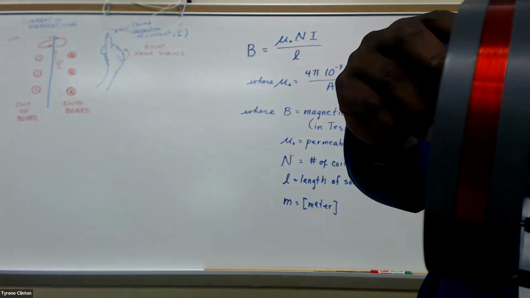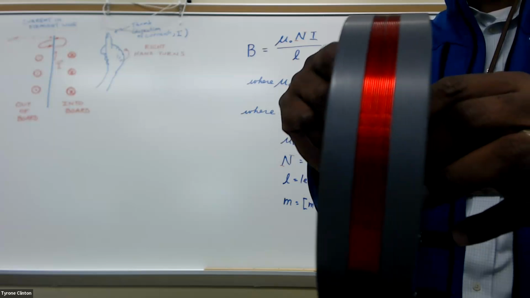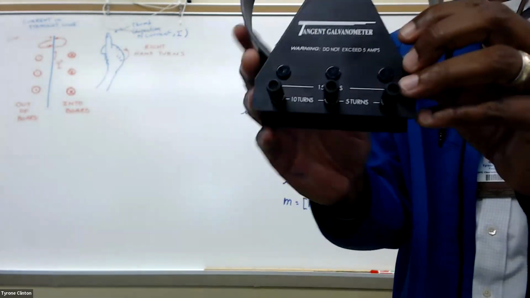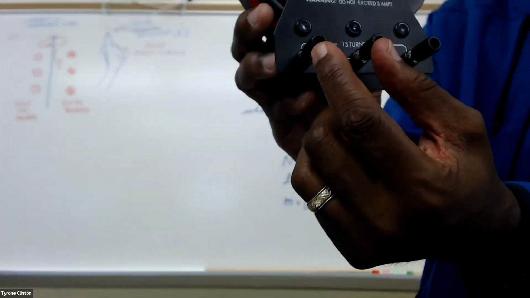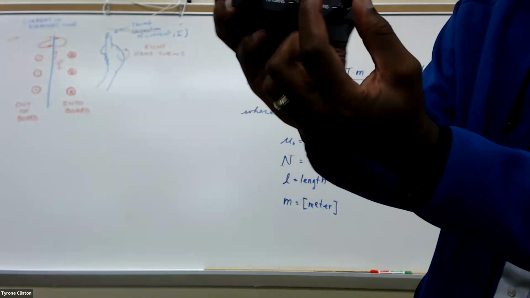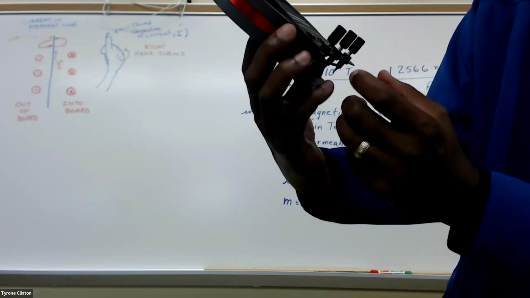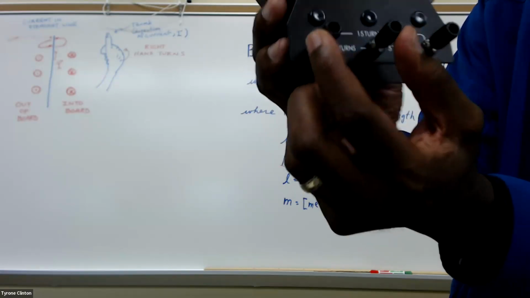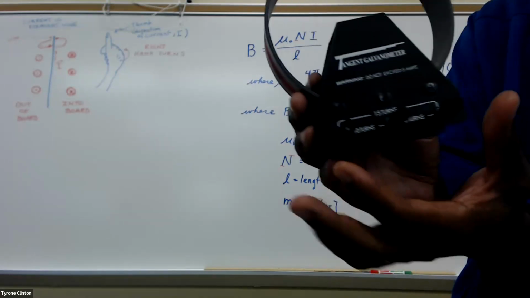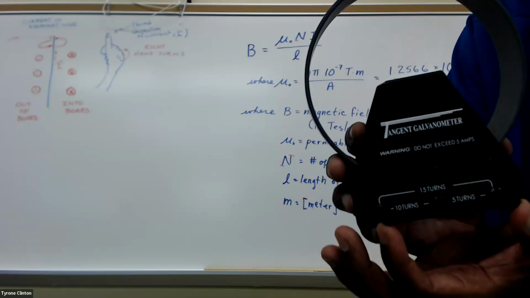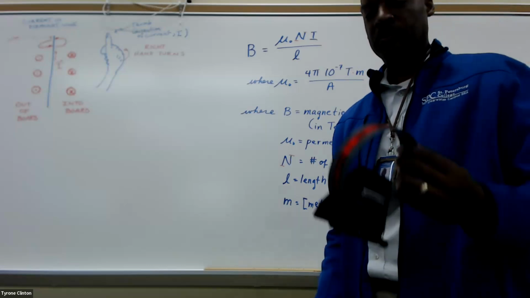We can use either 5 of the loops that are in here, 10 of the loops, or 15 by plugging into any combination of plugs in here. If we plug into these two plugs, we can use 5 of the loops. If we plug into these two middle, we can use 10 loops. And if we plug into these two outside, we use all 15 loops in this wire piece.